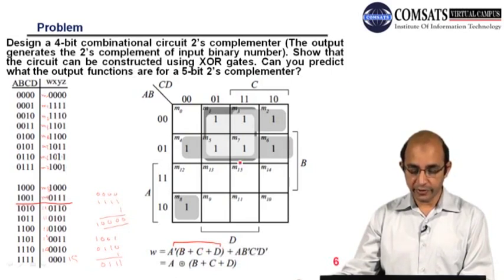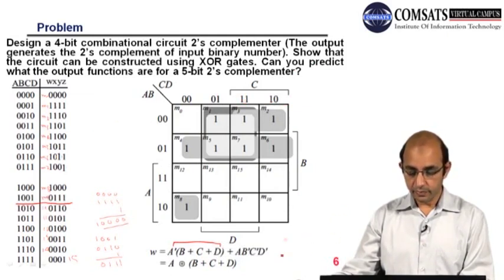So as a result of this horizontal group of 4 ones, we will be having A bar B, right? A bar B, right? And then for this pair, right, this one, we will be having what? We will be having A bar B bar, right? And we will be having C, right? A bar B bar C.